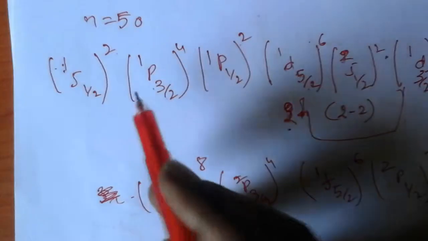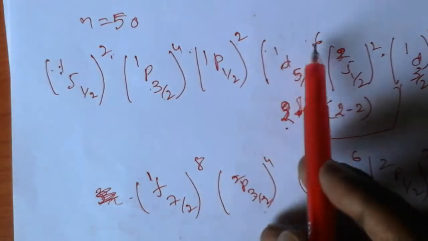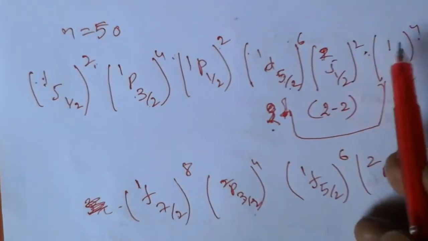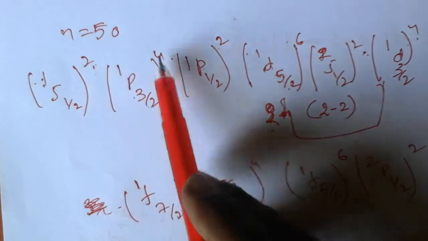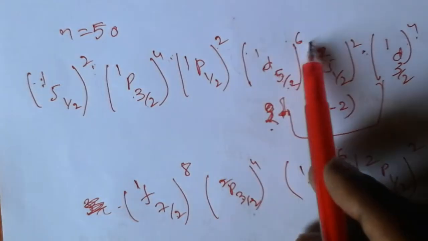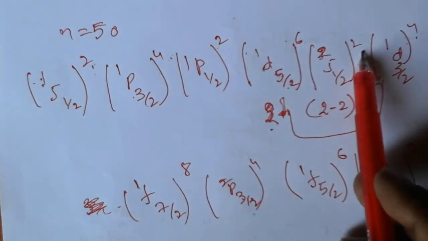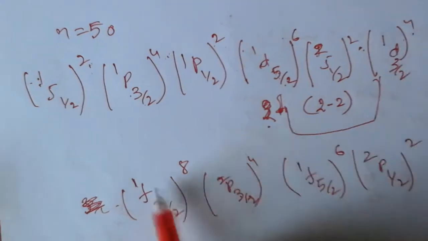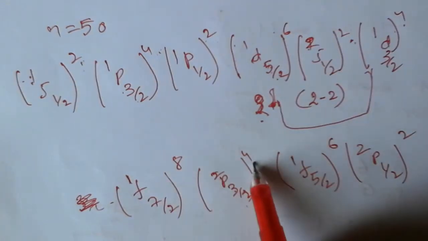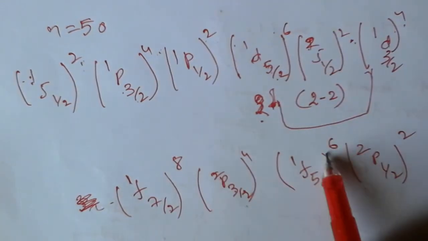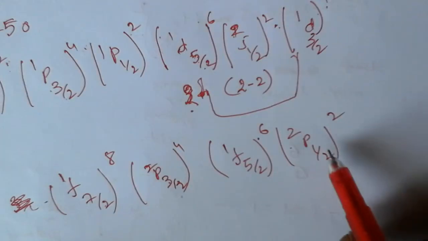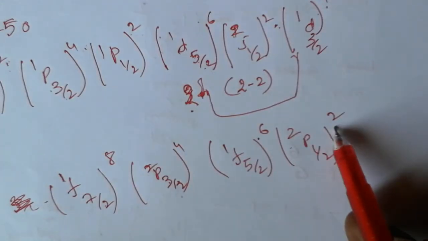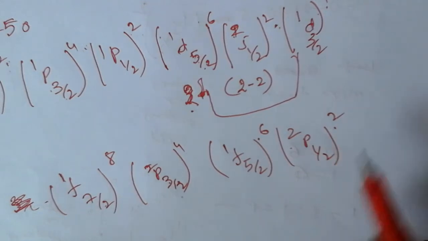Now if you look at it, 2 plus 4 plus 2 plus 6 plus 2 plus 4, if I do it: 6, 8, 14, 16, 20, 28, 28 plus 4 is 32, 32 plus 6 is 38, 38 plus 2 is 40.